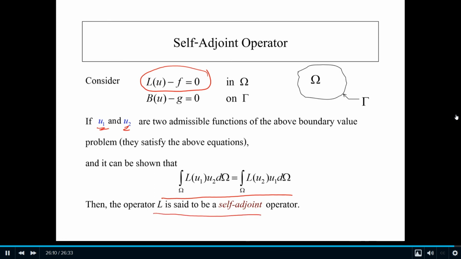The operator that we're going to see here is actually a self-adjoint operator, so by using Galerkin, you're going to have a symmetric K, for example that we're going to see. Let me just pause here.